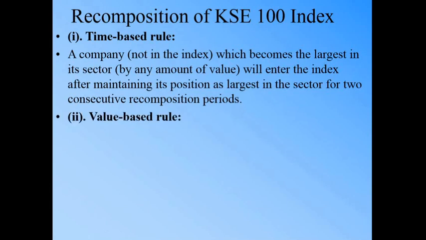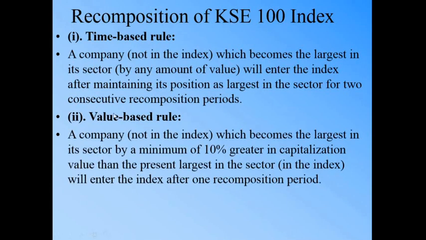And the value based rule means that a company not in the index which becomes the largest in its sector by a minimum of 10% greater capitalization value than the present largest in the sector, which is included in the index, will enter the index after 1 recomposition period. So in the first case, it can be only increased by 0.5% or maybe 2% or 3%.